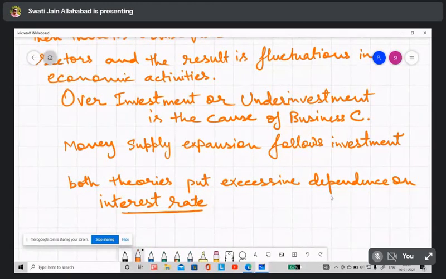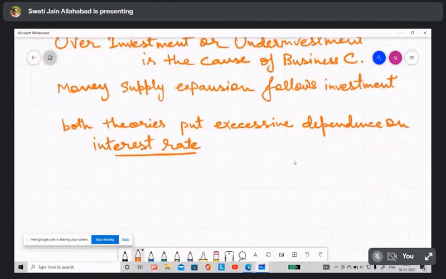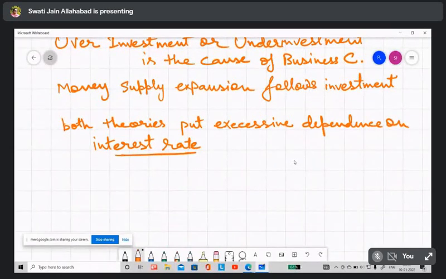They are every time saying that if investment increases, gradually the interest rate will come down due to the increase in money supply. Or initially, when money supply goes up, the interest rate will come down and then investment and other things will follow. So there is too much emphasis on the interest rate, as if expenditure always depends on the level of interest rate. There are theories which have emphasized that investment is interest inelastic.